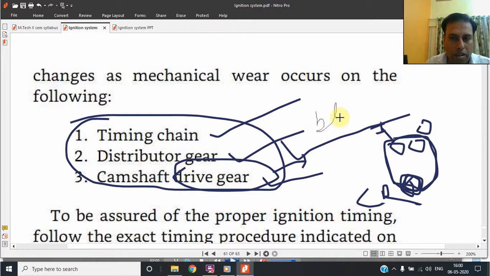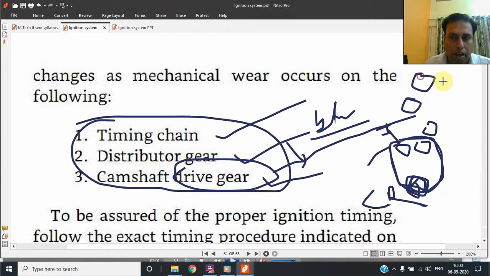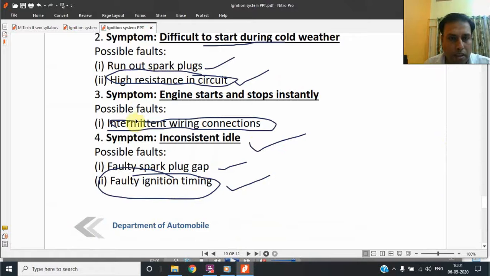Some backlash is there in the drive gears, and timing gets affected by that, because backlash drives the camshaft without the proper required timing. Backlash means a certain gap between the teeth of two gears, and when it has increased due to wear, the camshaft gear drive also has to be adjusted.